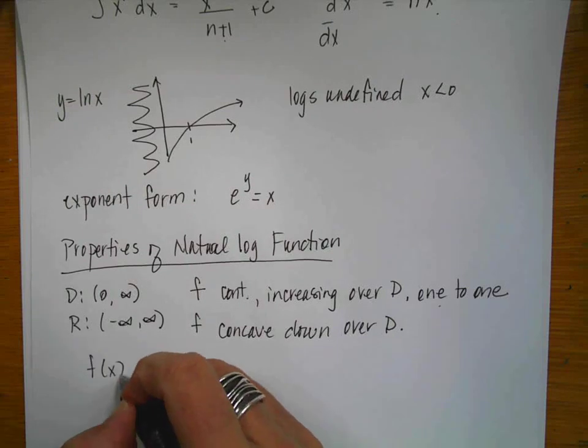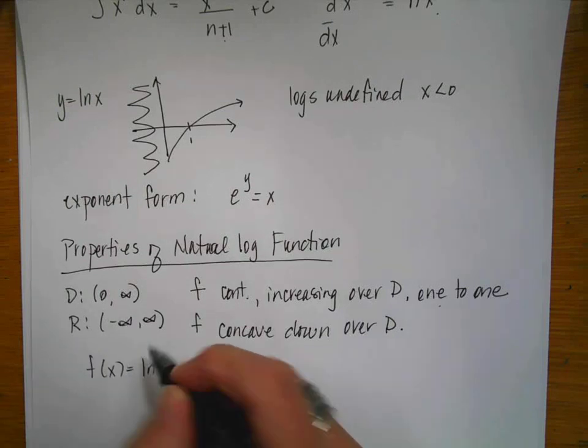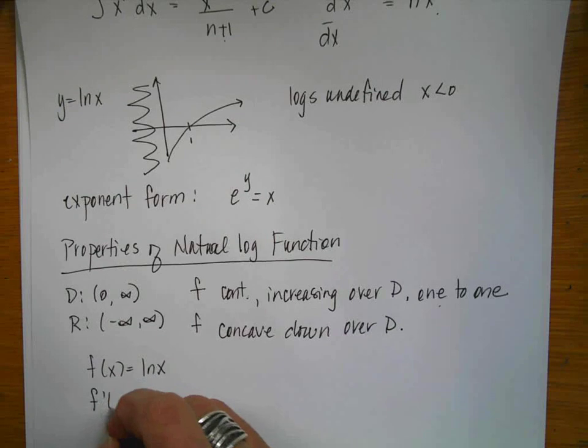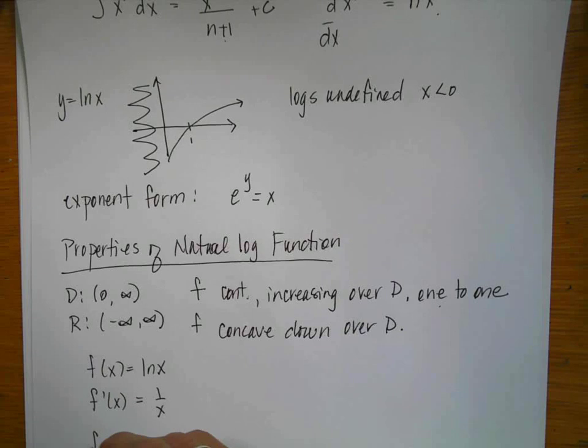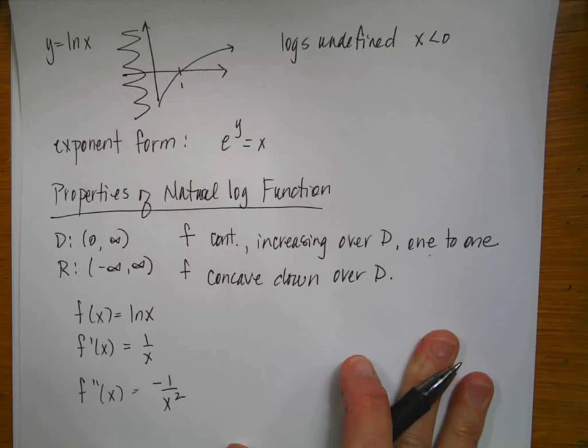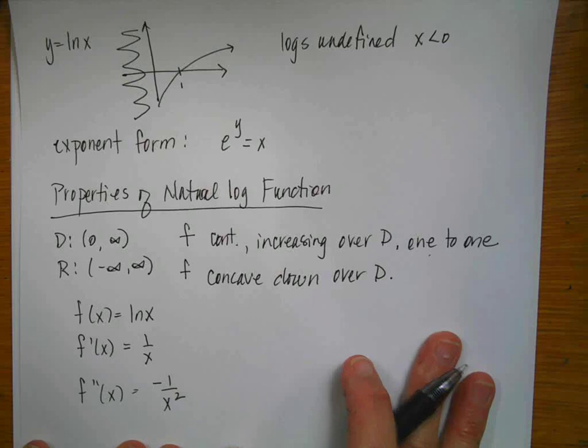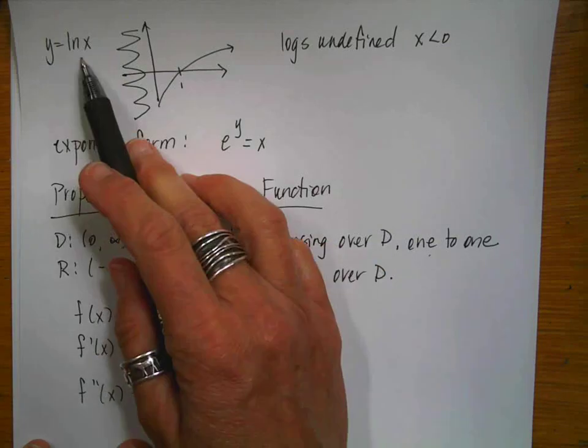We know that if f of x is equal to the natural log of x, f prime of x is going to equal 1 over x, and then f double prime of x is going to be negative 1 over x squared.